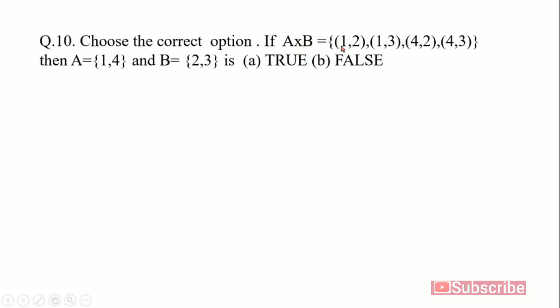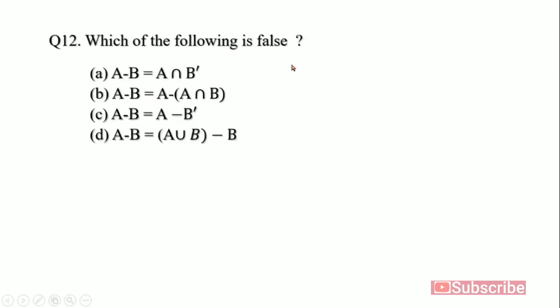So A must contain 1 and 4. And second components 2, 3, 2, 3 must be in B, and this is what we should have, isn't it? So A is {1, 4}, B is {2, 3} is the right statement. So this is true. Correct option is true. Okay.